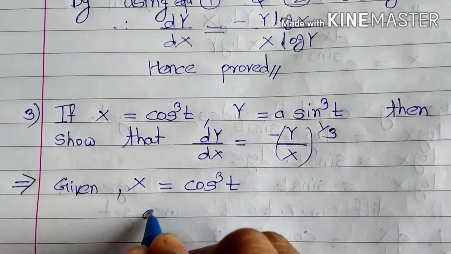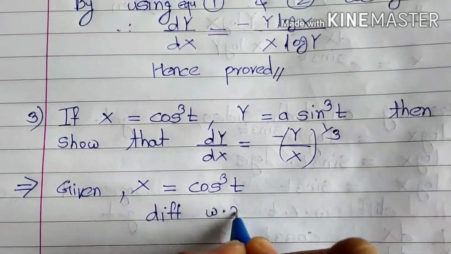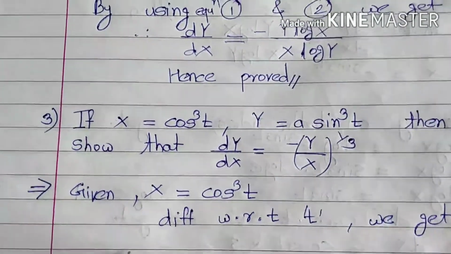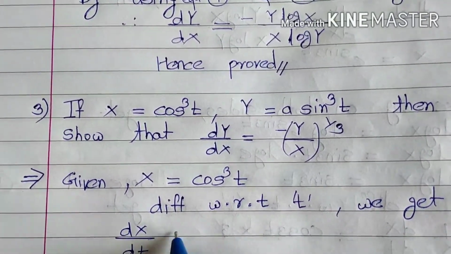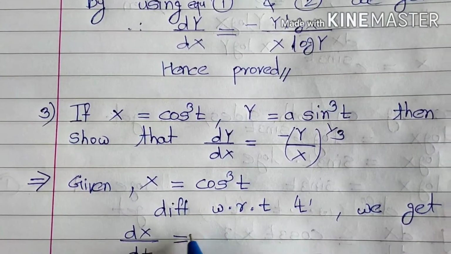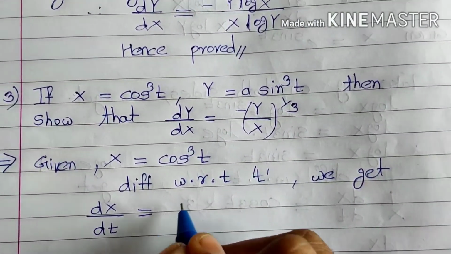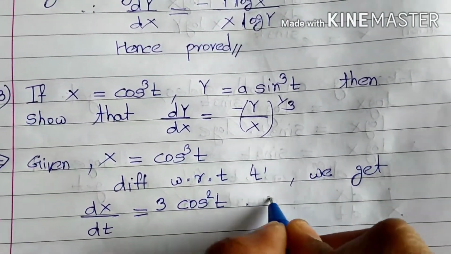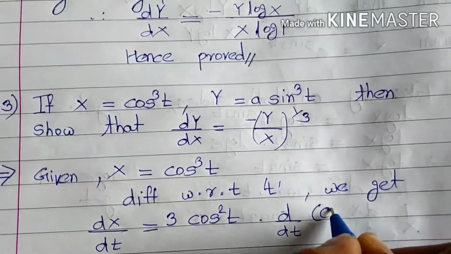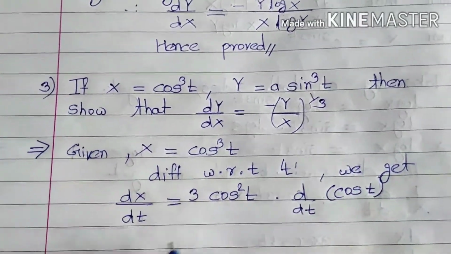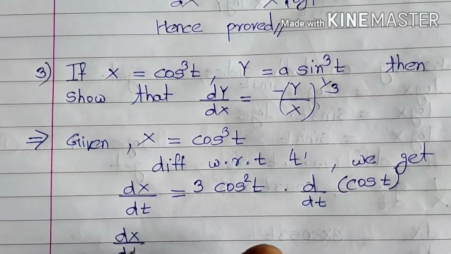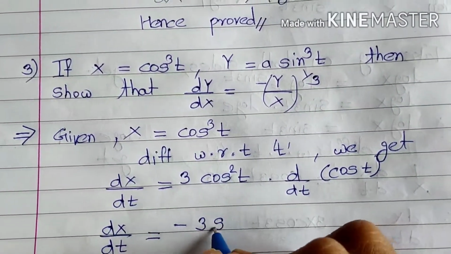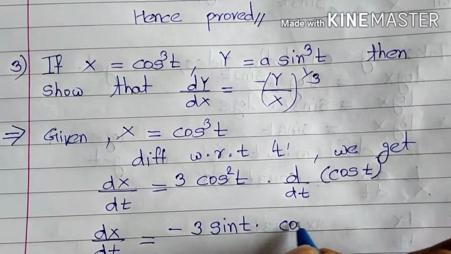Differentiate with respect to t because t is the parameter. For dx upon dt, cos cube t, like x raised to n is nx raised to n minus 1, so we get 3 cos square t and derivative of cos t. So dx upon dt is equal to, derivative of cos t is minus sin t, so minus 3a sin t into cos square t.